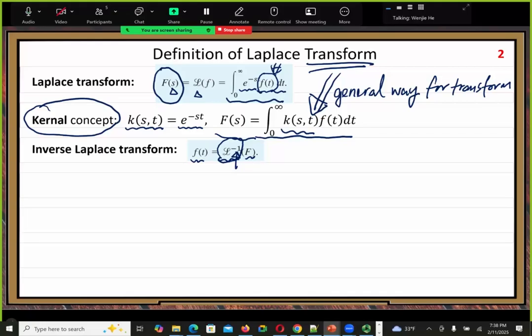But for the Laplace transform, there is no specific formula for the inverse, because people couldn't figure out under what special operation you can get an inverse Laplace transform. So the definition here is a question mark.